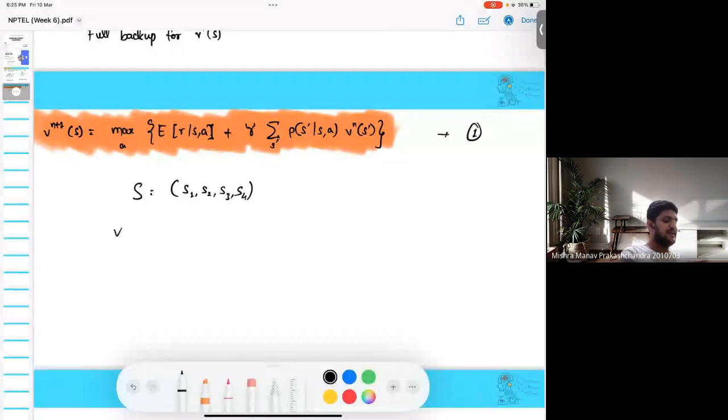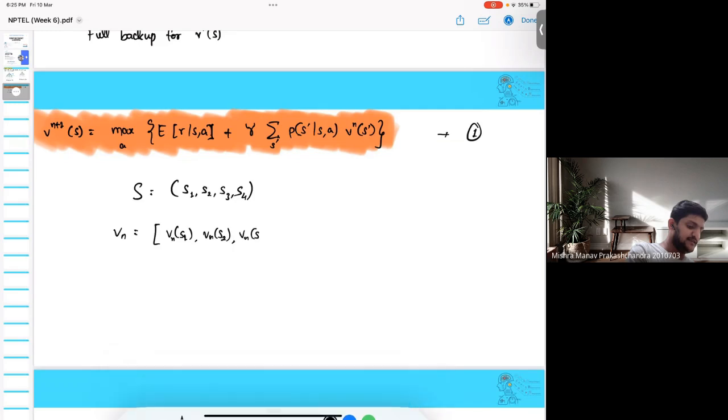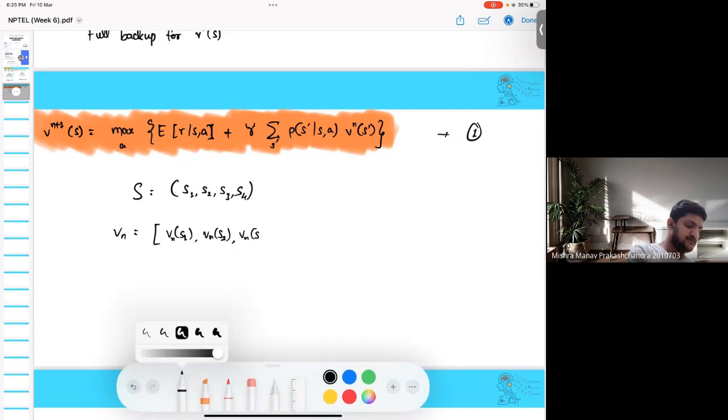My v of n can be thought of as an array, or a vector. Let's think of it as an array for now, which is vn of s1, comma vn of s2, comma vn of s3, comma vn of s4.